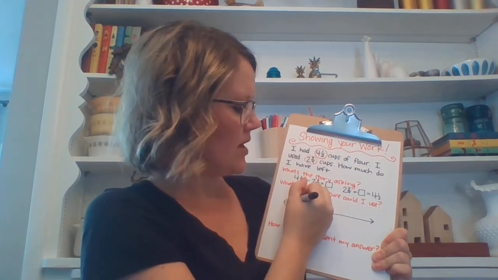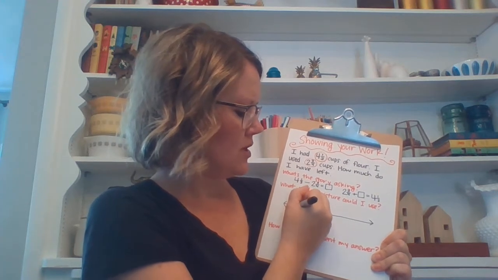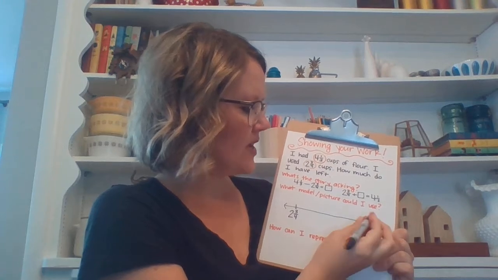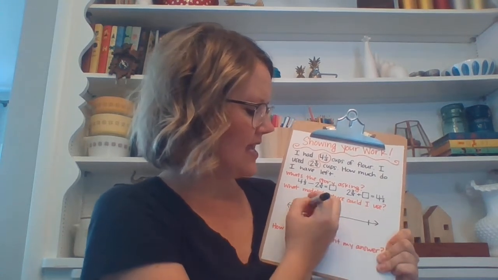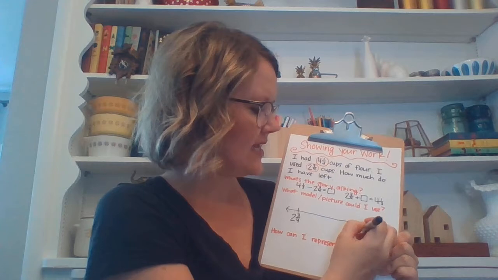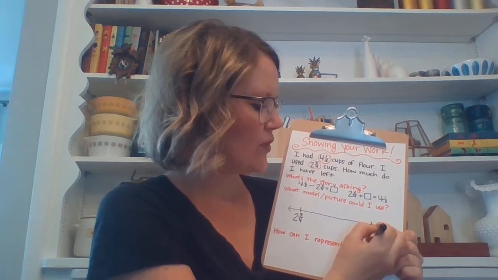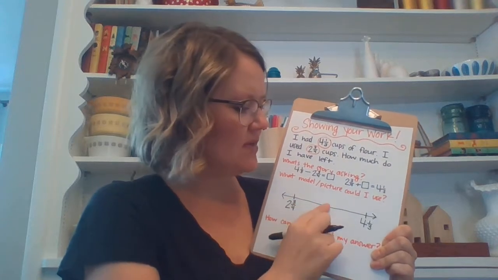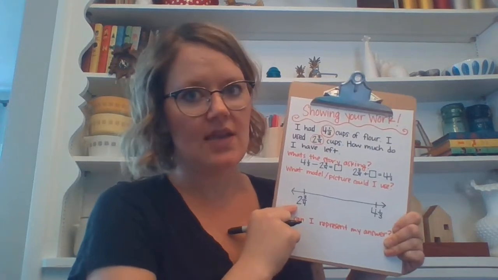I'm going to start with 2 3/4 cups of flour, and I'm going to try and keep adding jumps until I get up to 4 1/3 cups of flour. Okay, so this missing portion here is going to be in my jumps. And I like to use landmark numbers.